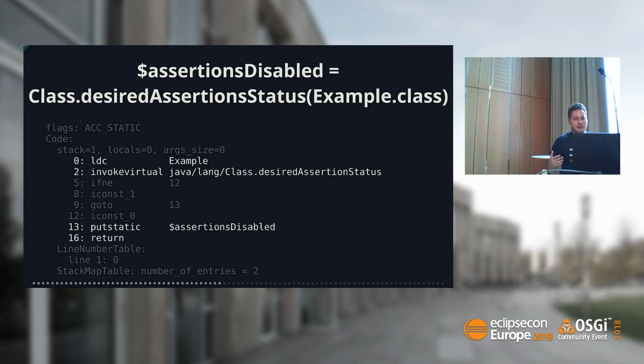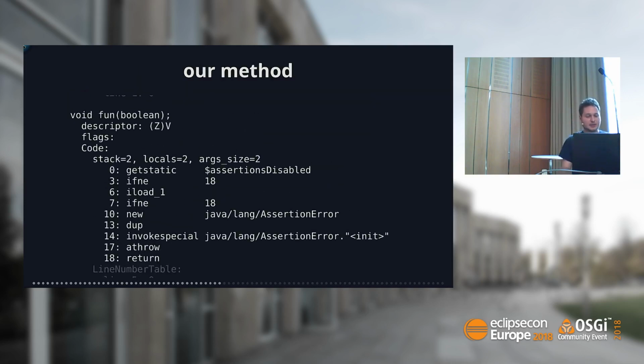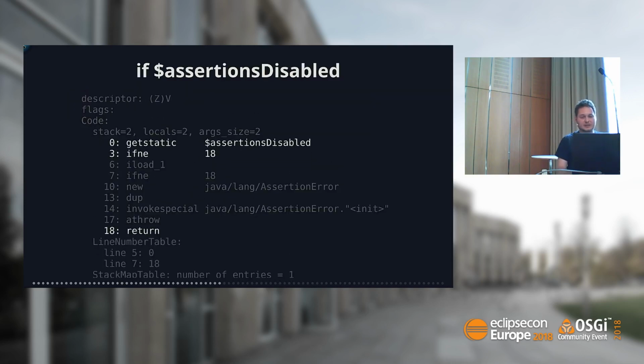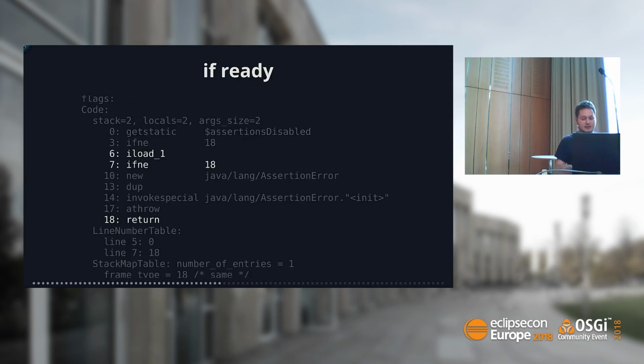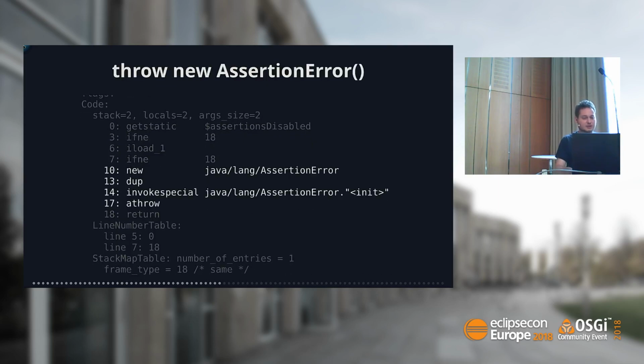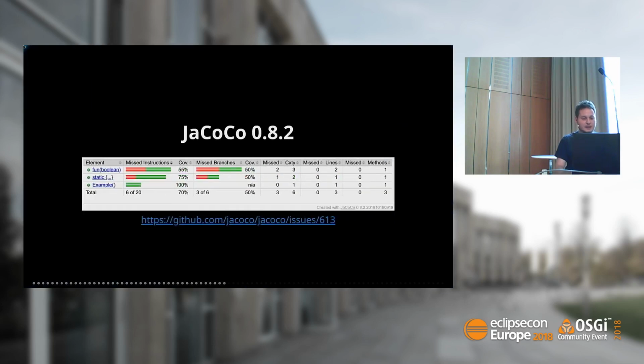It's a pretty complex operation to go to the runtime and ask each time whether my assertions are enabled or not. So let's simply cache this value, and this value is cached in a static generated field. And first, where the assertion happens, we check whether assertions are enabled or not, and only then check the actual assertion condition and throw an error.